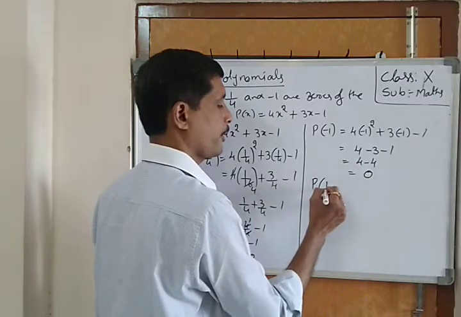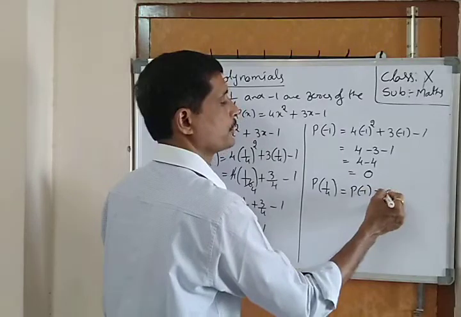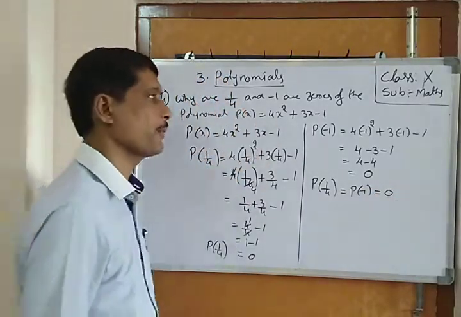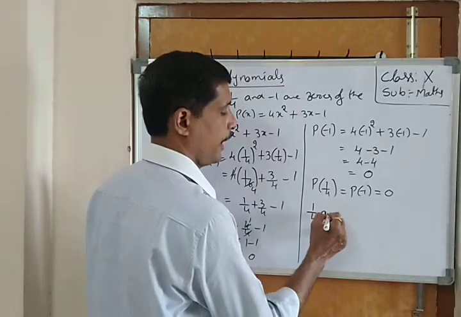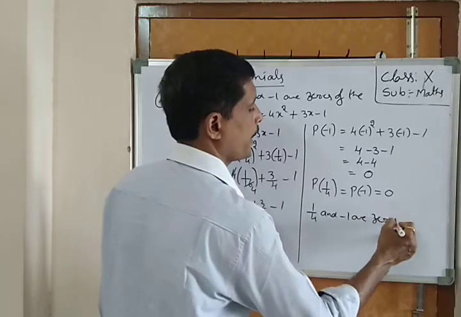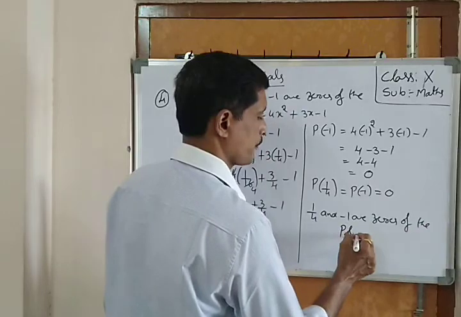Here P of 1 by 4 equal to P of minus 1 equal to 0. Therefore here 1 by 4 and minus 1 are zeros of the polynomial.